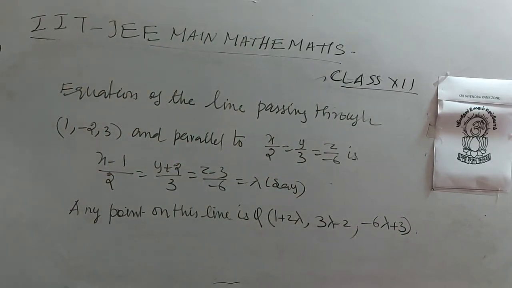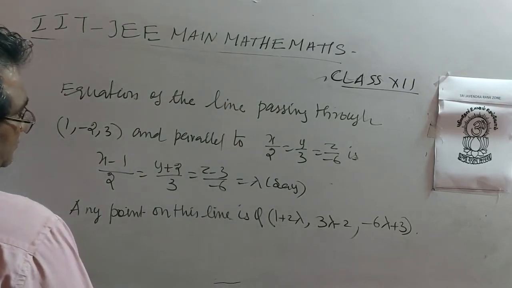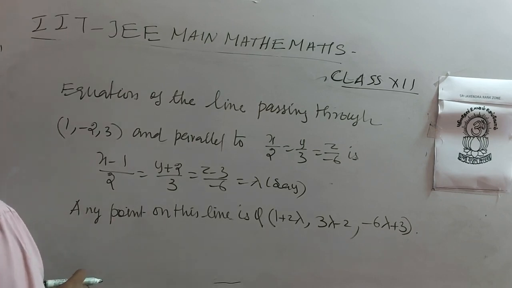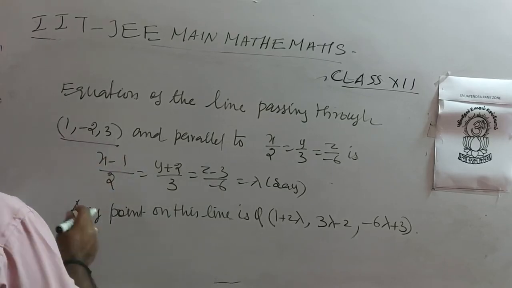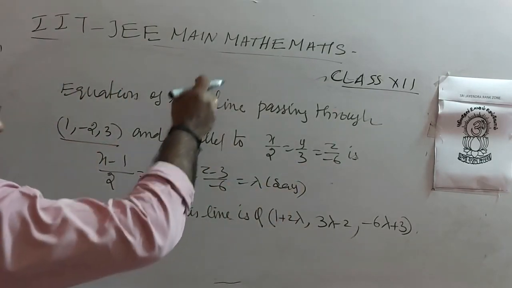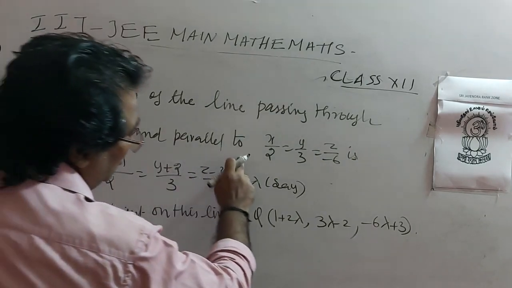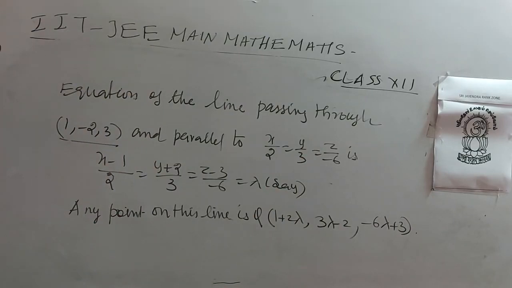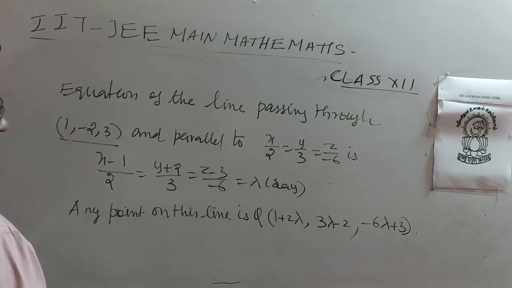So this point lies on this plane. We have to find the distance between the plane and the point (1, minus 2, 3), but the distance is measured parallel to this line. Therefore you have to find the line which passes through (1, minus 2, 3) and is parallel to this, also meeting the given plane. So we have to find any point on this line.